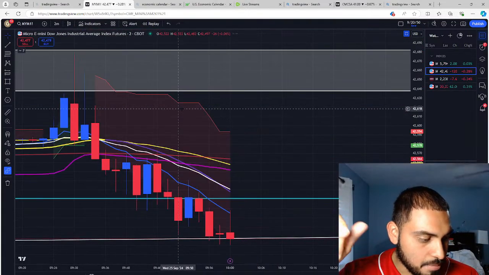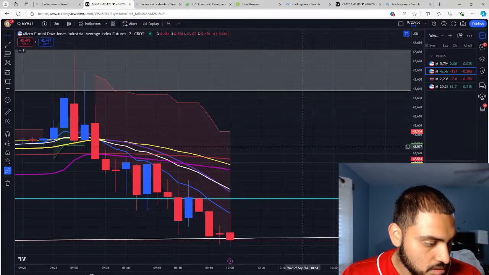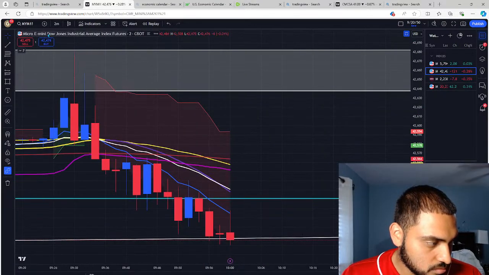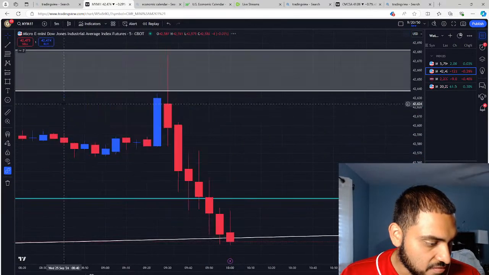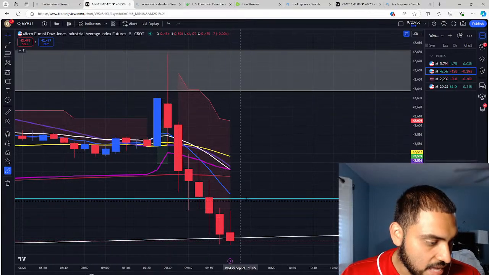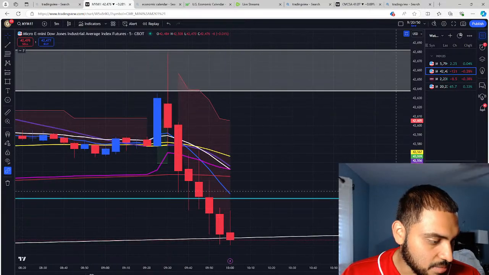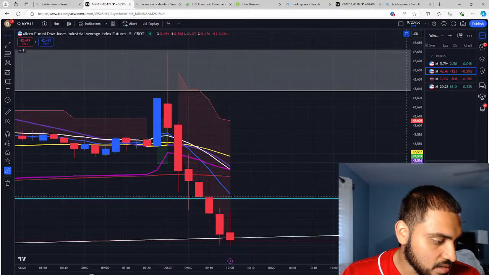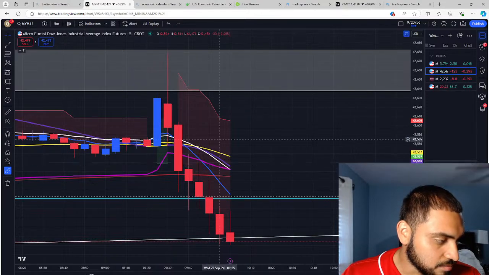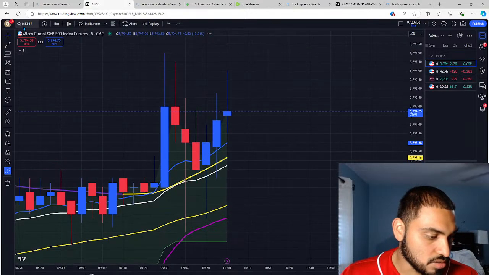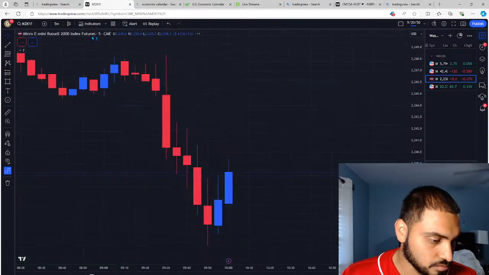Let's take a look at the YM. Five minutes. Still has not hit that 9 EMA. I wanted to hit that 9 EMA. Put an alert right there. Let's keep watching the Russell.